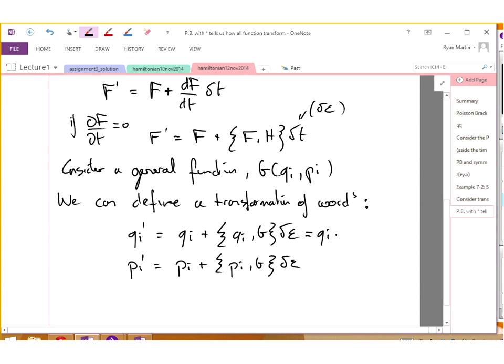And so if we want to write out the properties of the Poisson brackets, you could also write this as qi plus partial g by partial pi delta epsilon. You can write the pi's as pi minus partial g by partial qi delta epsilon.